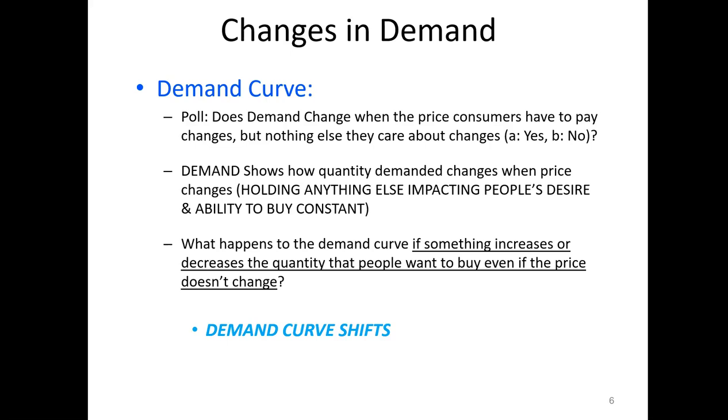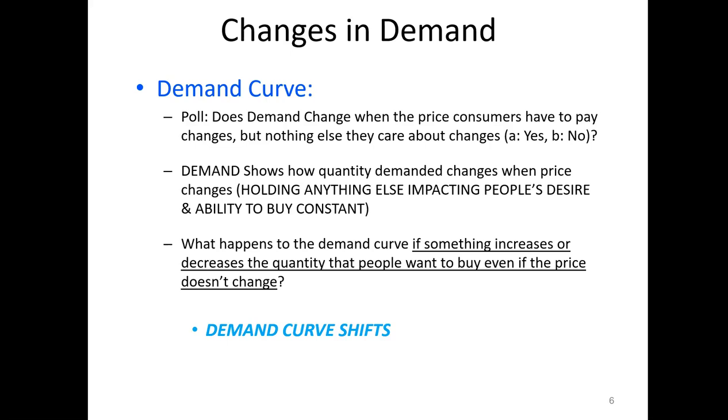Analytically, if you're given an event and asked whether it is going to cause a change in demand, you're more likely to answer correctly by modifying the question to say: even if the price the consumer has to pay stayed the same, will people want to be able to buy more or less?